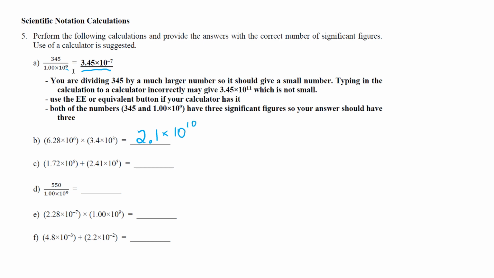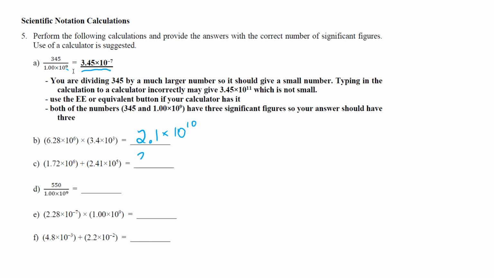Again, watch that video. Make sure you're doing the calculations right. If you're not on your calculator, go ahead and talk to your instructor. So 1.72 times 10 to the 6th plus 2.41 times 10 to the 5th.